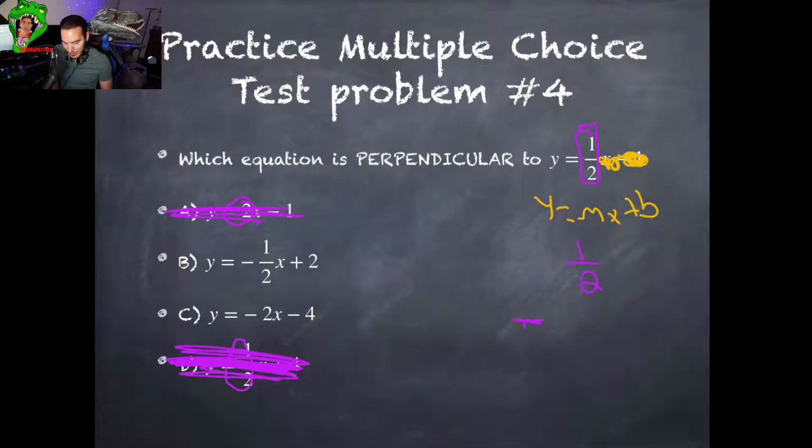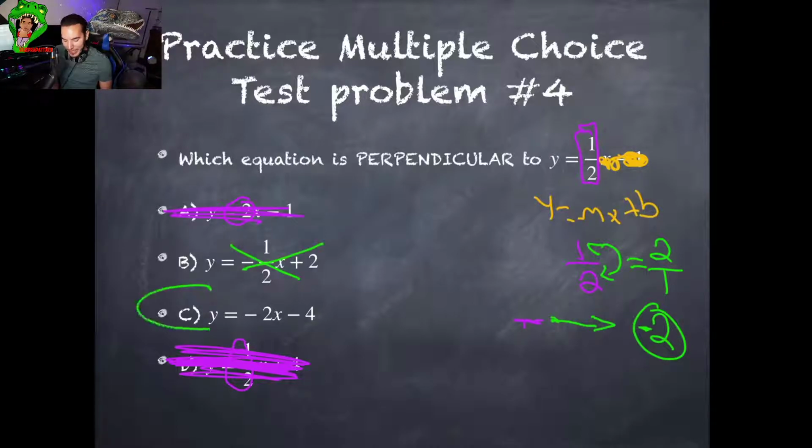So let's flip these bad boys. 2 over 1, and 2 over 1 is the same as 2. So which one has that? Wait, but I have the 2. Oh, don't forget the negative, that opposite sign. Bye-bye. My answer is C.